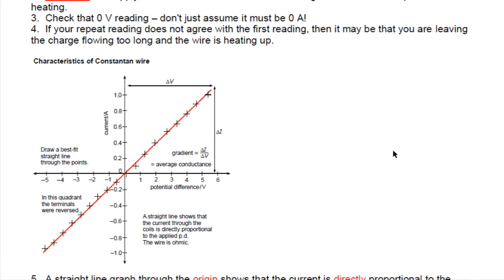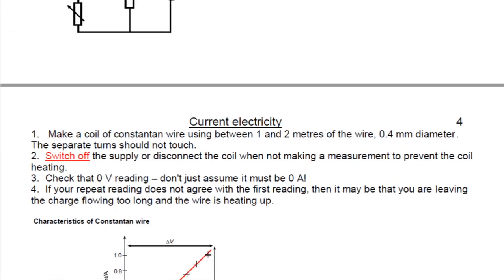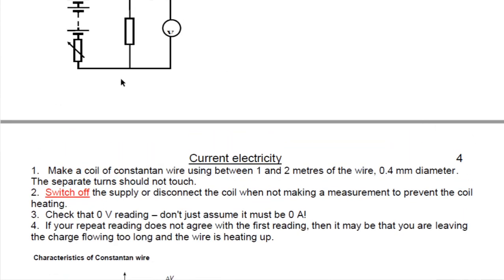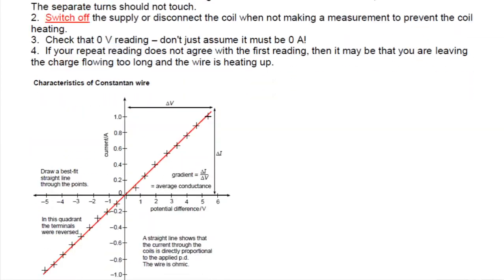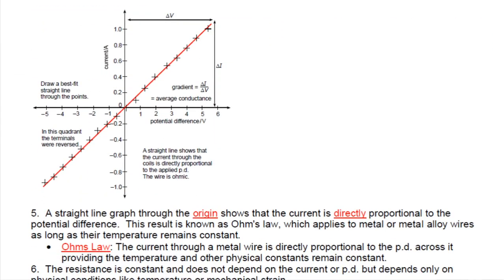We get values, so we'll be adjusting the current here, adjusting the resistance there, and then reading the PD and the current. So you should get a straight line graph that passes through the origin, even getting to the negative quadrant.